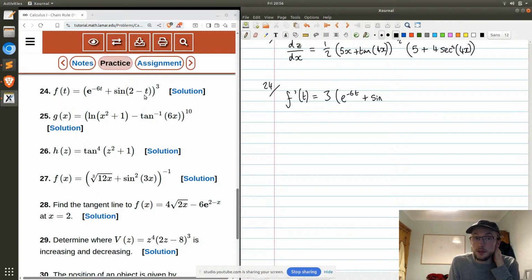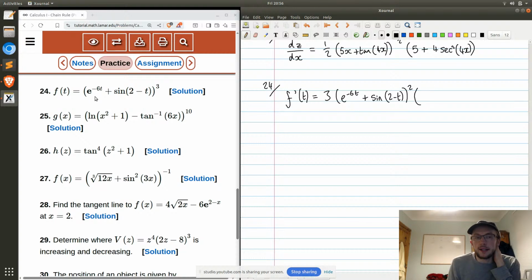You're not going to catch me this time. I see the minus sign right there. Like that. That's differentiating the outside function. And now we must differentiate the inside function and multiply.